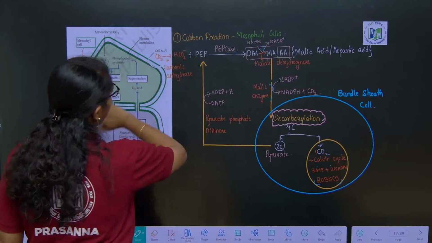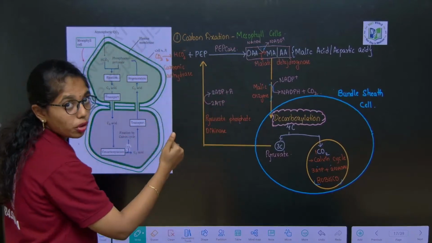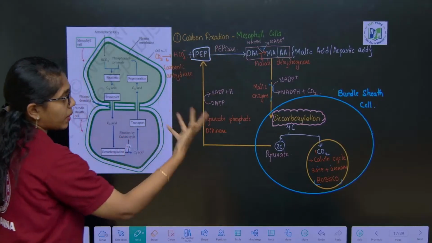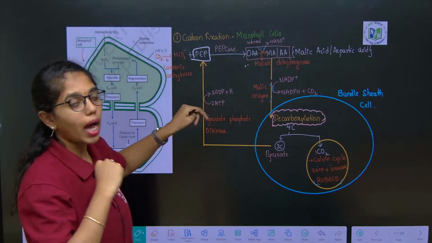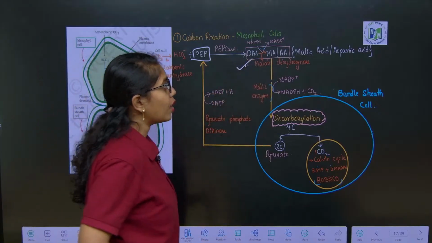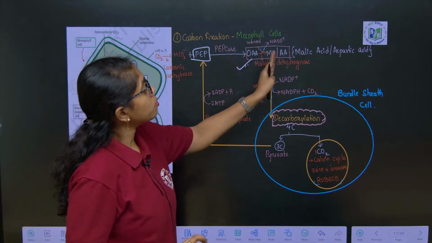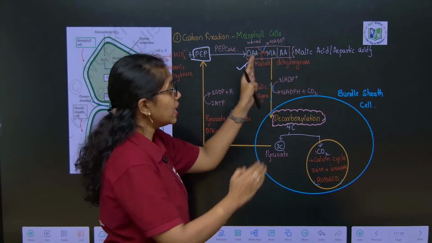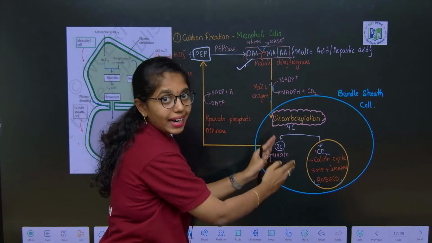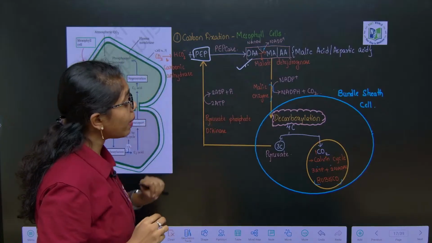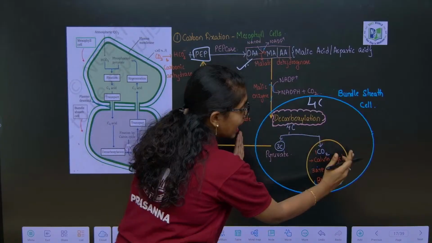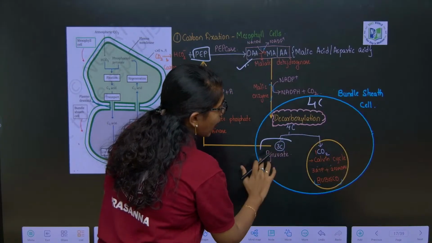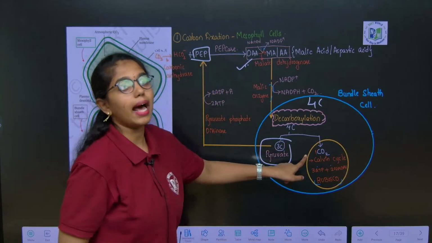First, carbon dioxide fixation takes place in the mesophyll cells by the primary acceptor, that is PEP, and the first organic intermediate formed is a 4 carbon compound, that is oxaloacetic acid, which forms malic acid or aspartic acid. This is passed on to the bundle sheath cells. Inside the bundle sheath cells, this 4 carbon compound is decarboxylated to a 3 carbon compound, pyruvate, and 1 carbon dioxide.